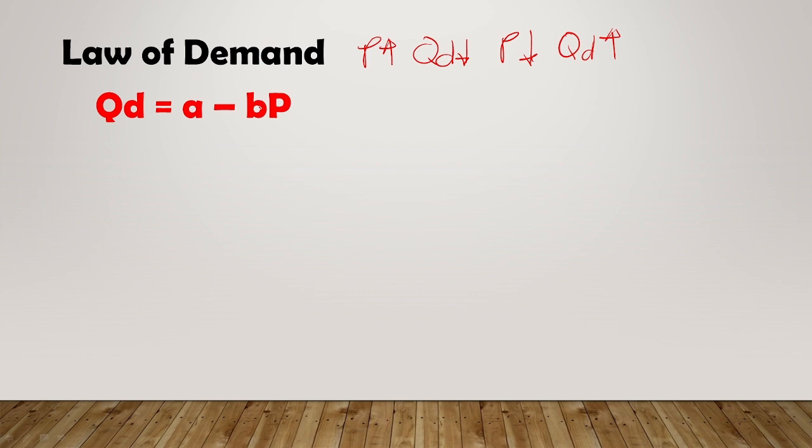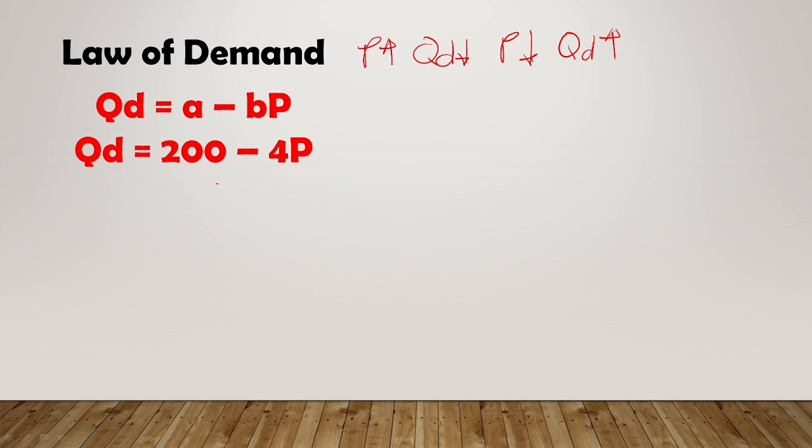Then B is the interval in every change of QD for every change in price. Let's say for example, we have our demand function here, which is 200 minus 4P.